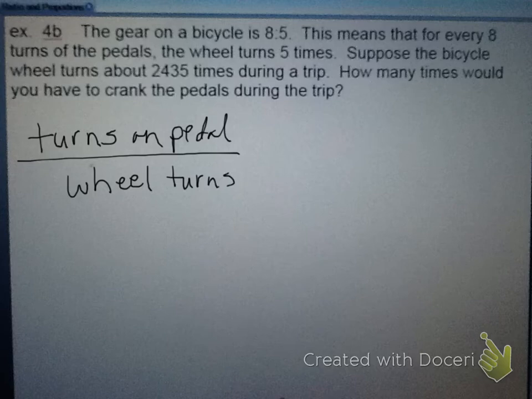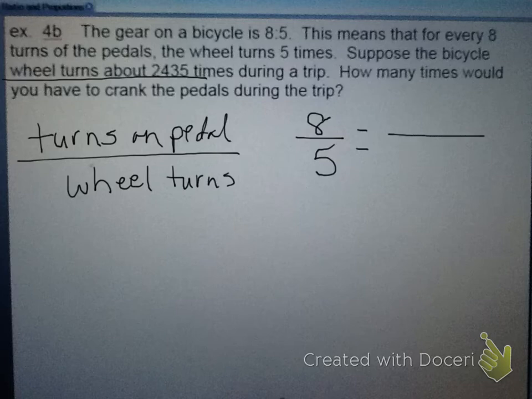So for every 8 turns of the pedal, the wheel turns 5 times. So when the bicycle wheel turns 2,435 times during the trip, how many times would you have to crank the pedals?